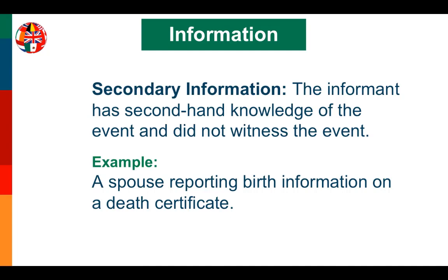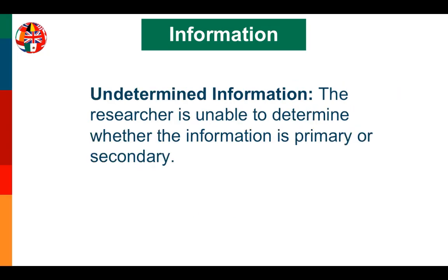The spouse did not likely have first-hand knowledge or witness the birth of their spouse, but they have a general knowledge of the birth information for their spouse. When it comes to undetermined information, the researcher is unable to determine whether the information is primary or secondary.